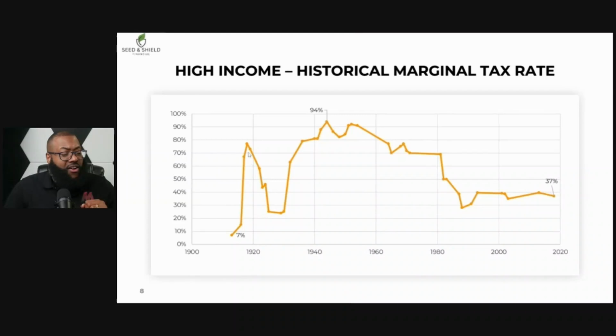But you can notice that at some point we reached a peak of 94%. So believe it or not, as much as we complain about taxes today, at some point the highest tax bracket was a 94% tax bracket. Okay. So you see, we've had some ups and downs and we've been trending downward. And we've been at this 37% mark for some time now.